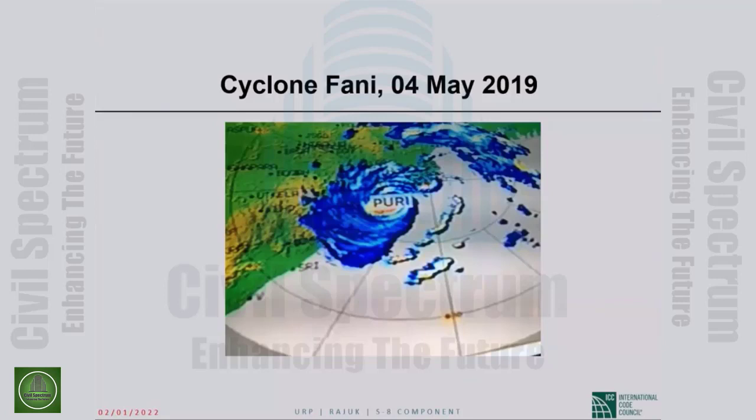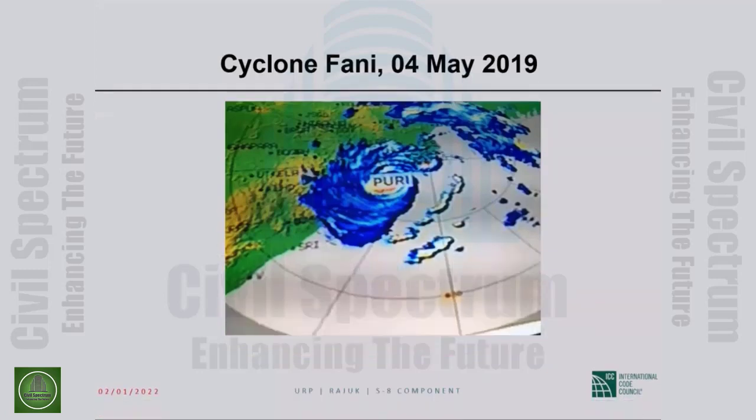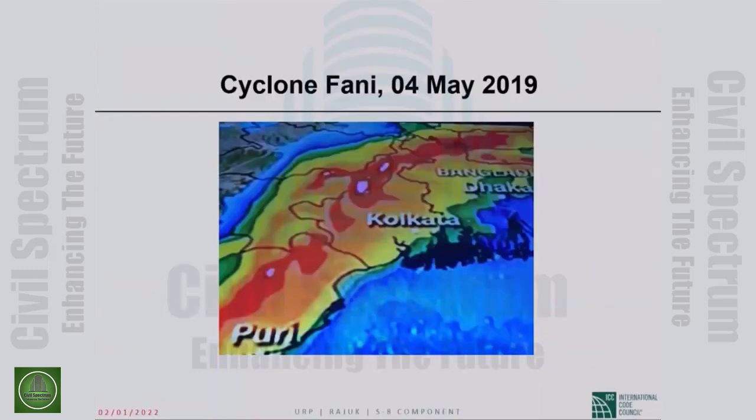Bangladesh, the last cyclone of significant size, I believe, was the one on the 4th of May of 2019, Cyclone Fani, which originated in Orissa. I don't know if it originated there, but that's where it gained strength, and then came through West Bengal.